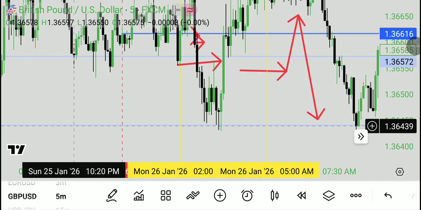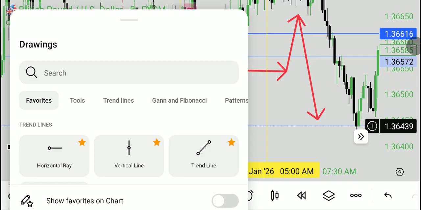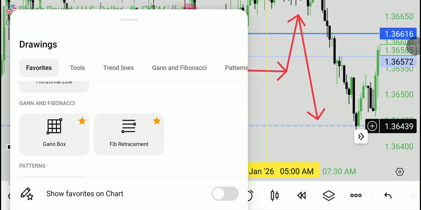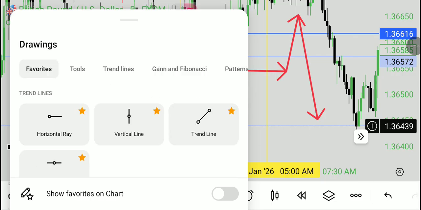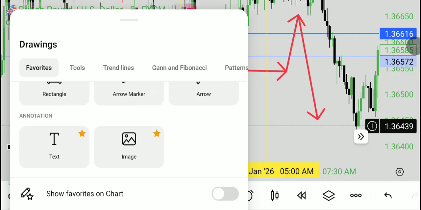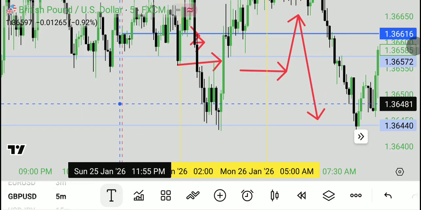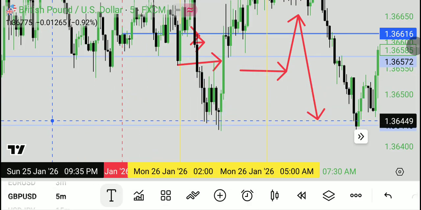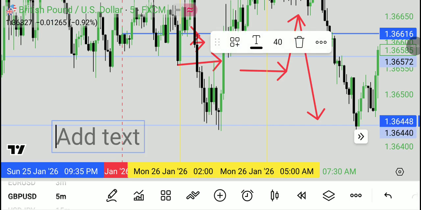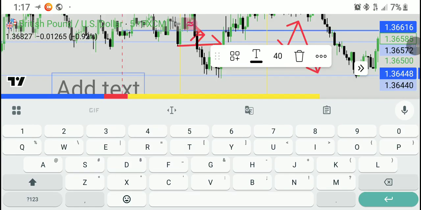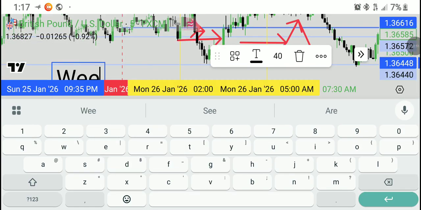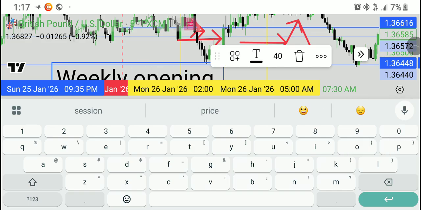Let me show you, I want you to understand something here. Today's lecture I want it to be special. Weekly open gap.